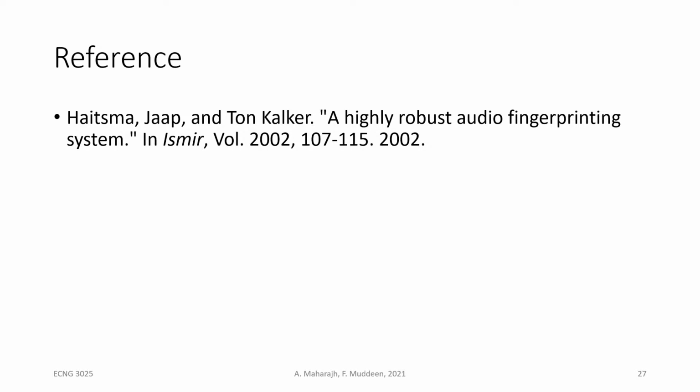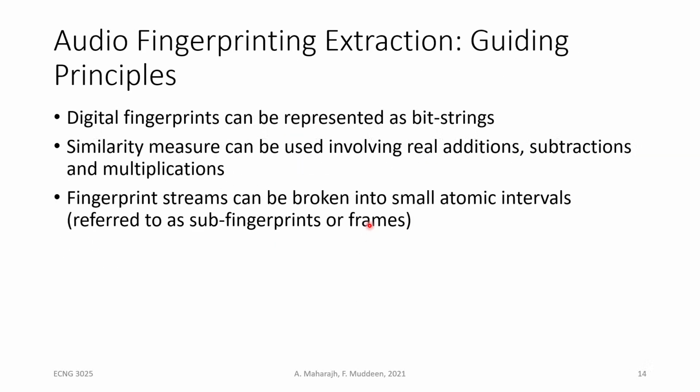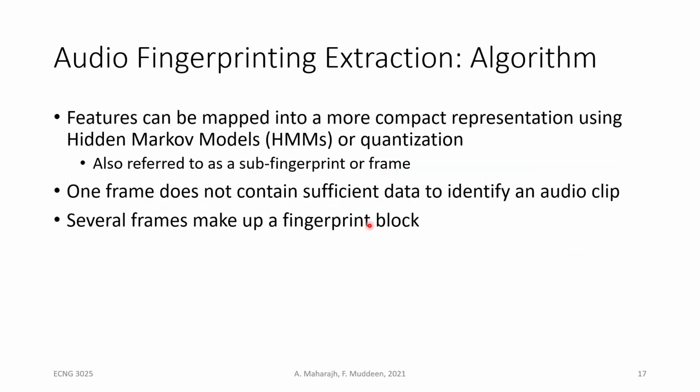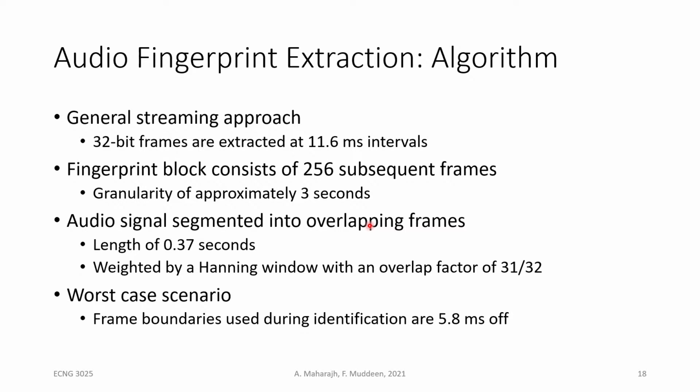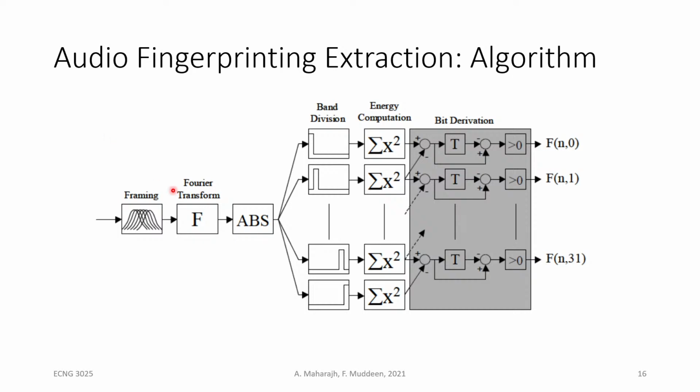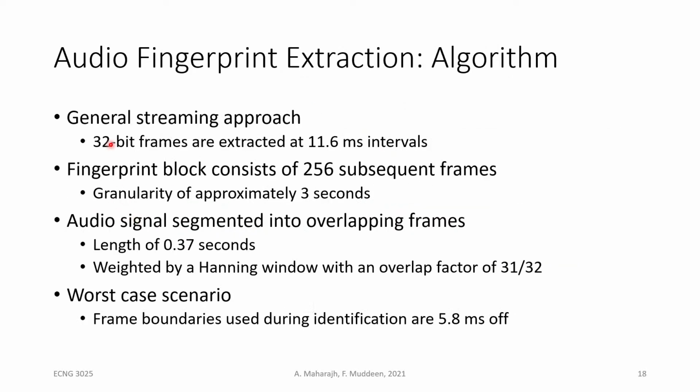There's one other thing I want to discuss before I close off our lecture for today. In particular, remember that the frames we're extracting from our diagram are going to be 32-bit frames.